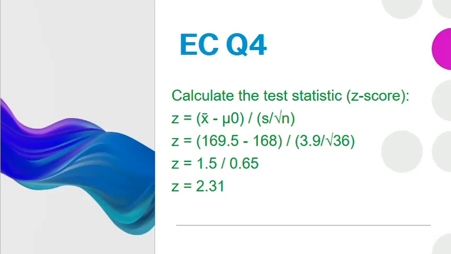So that should result in 169.5 minus 168 divided by 3.9 over square root of 36. And when you simplify the numerator, it should come down to 1.5, and the denominator should get resolved to 0.65. And when you divide those two numbers, the z should result in 2.31.